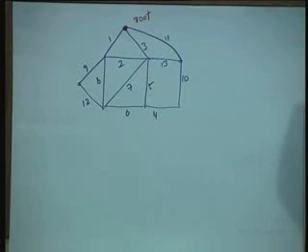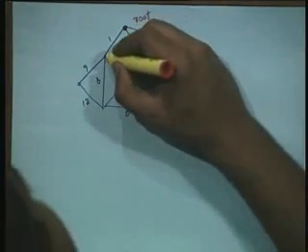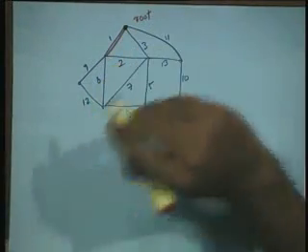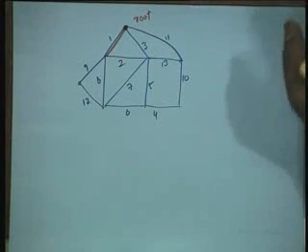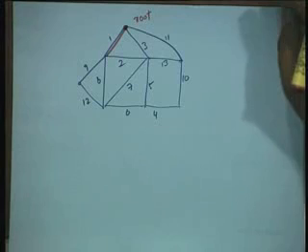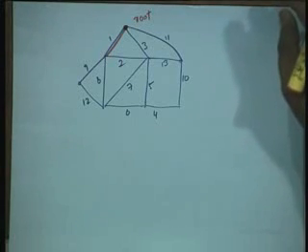Root on one side and everyone else on the other side. So which edge has to be part of the cut? The edge of length 1. So I'll include this into my tree, since the edge of length 1 has to be part of the minimum spanning tree.